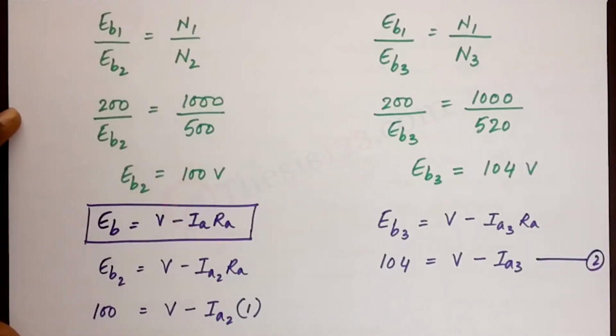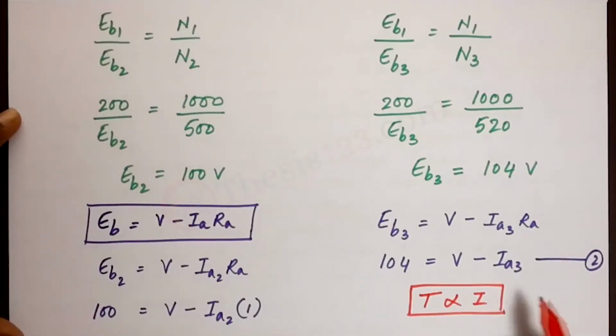So now let's take the relation between the torque and the current. Now you know for a DC motor that the torque is directly proportional to the current. So using this we can write down a relation as T2 by T3 is equal to IA2 by IA3.